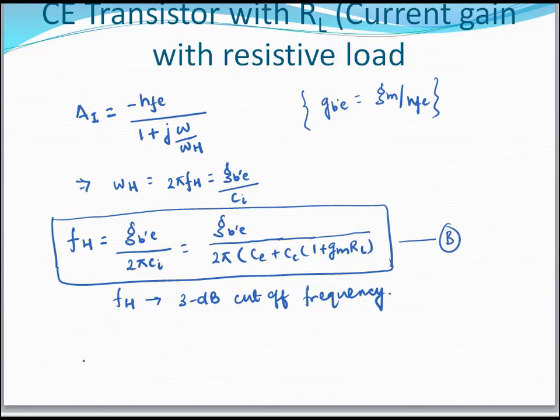We can write the magnitude of AI here as hfe by root of 1 plus (f by fh) whole square, and the frequency curve we can draw from this equation.